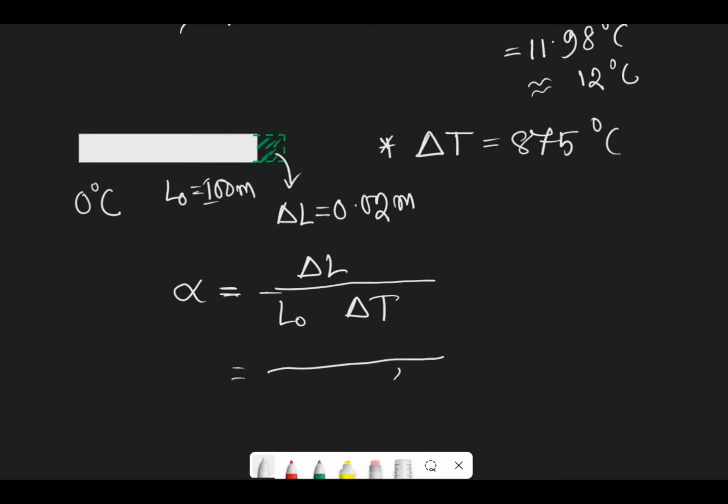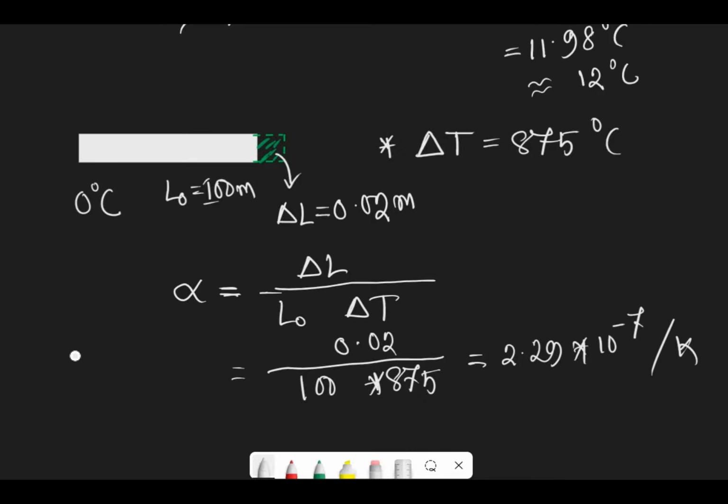For aluminum, it is 875 and L is 100, and this is the same as the previous case, 0.02. So we have 2.29 times 10 to the power minus 7 per Kelvin.